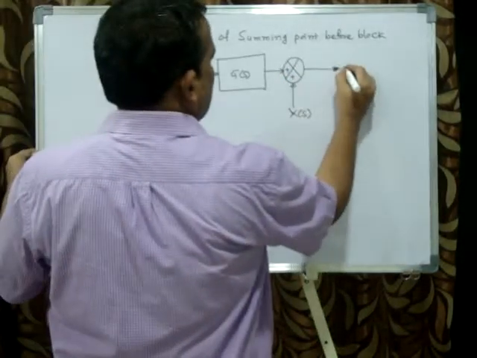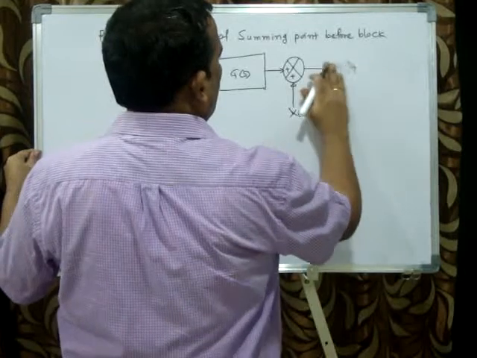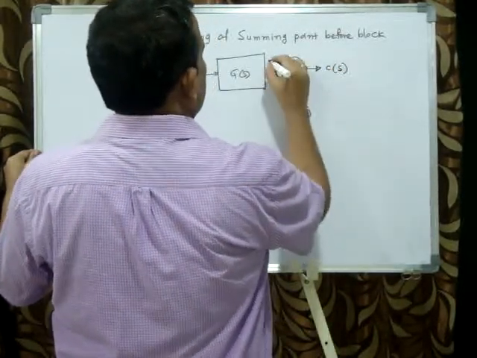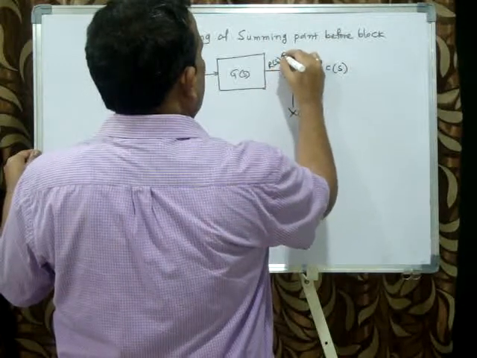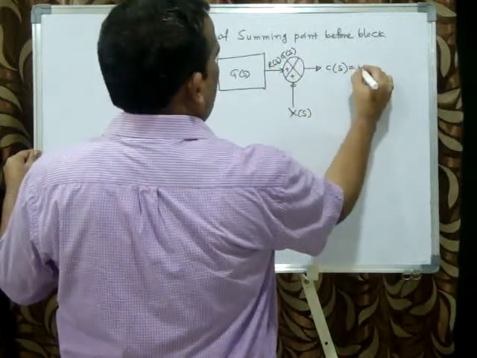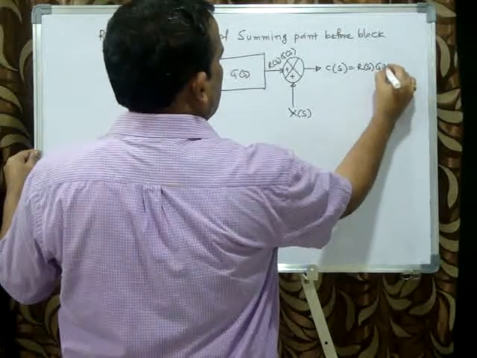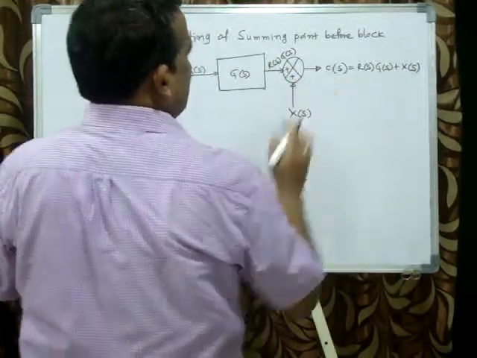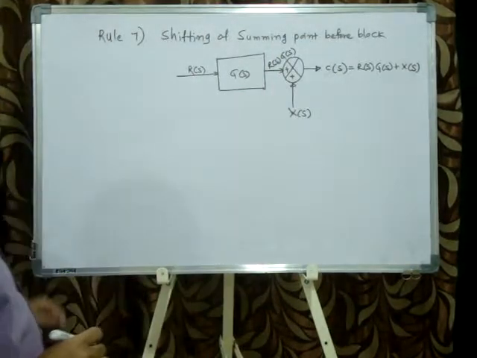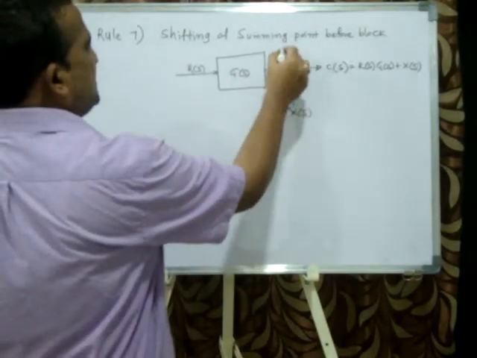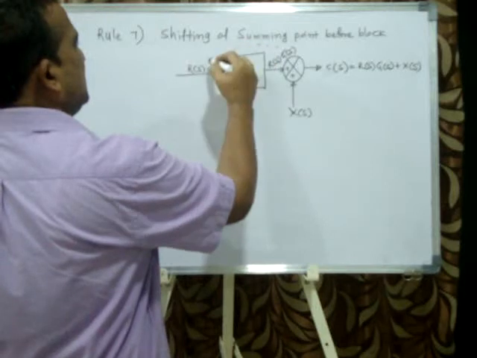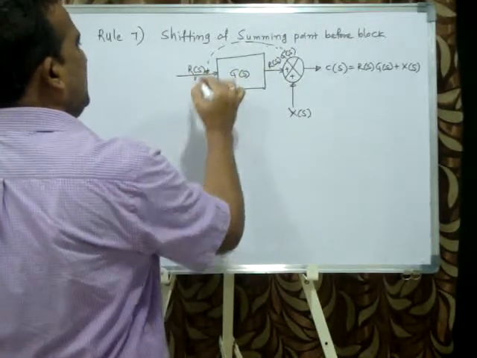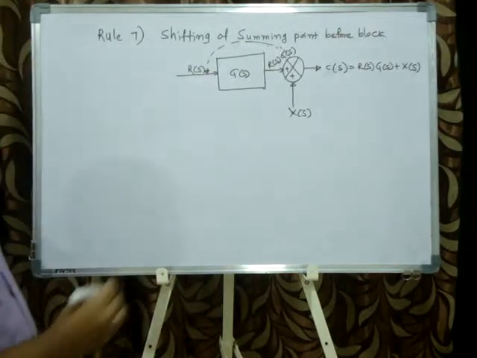Now I will get C of S equal to, here the signal is R of S into G of S, so R of S into G of S plus X of S. This plus this. Now due to the space problem, I will shift this summing point before the block.